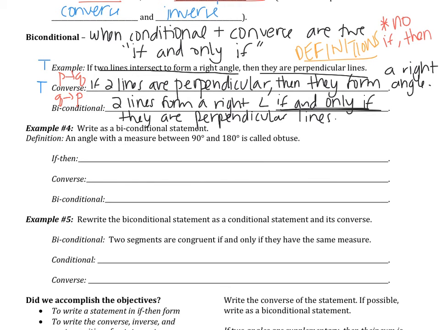It says write as a biconditional statement. The definition is an angle with a measure between 90 and 180 is called obtuse. So the if-then form would be if an angle measures between 90 degrees and 180 degrees, then it is obtuse.